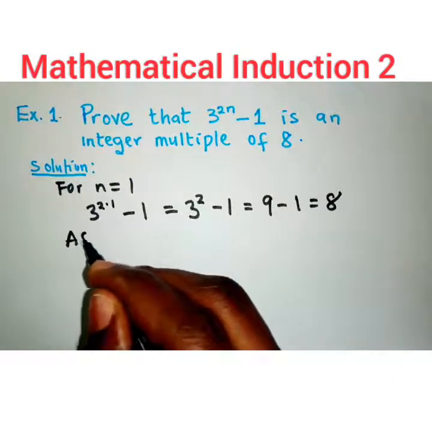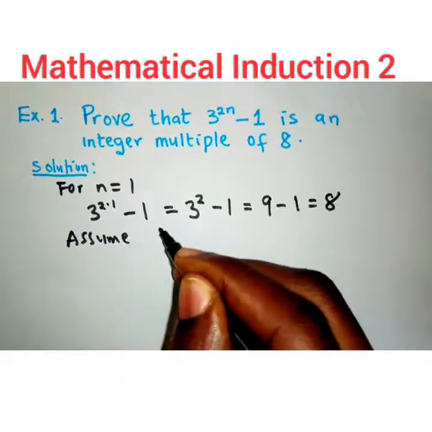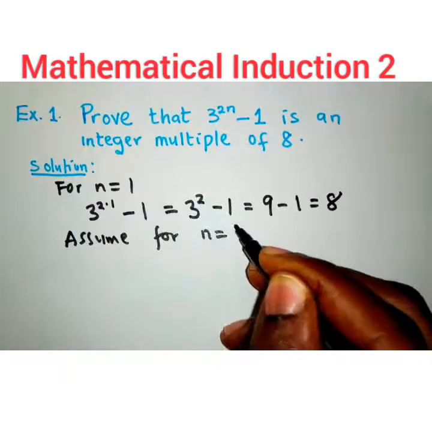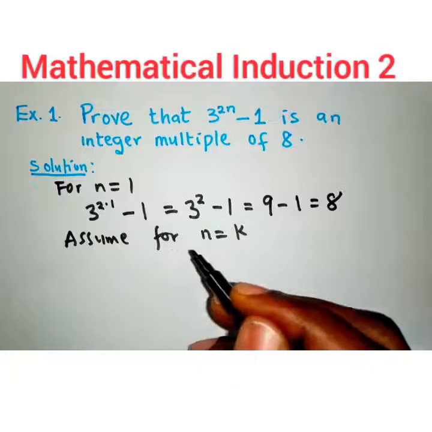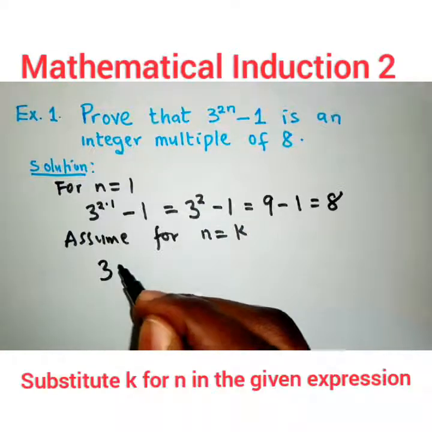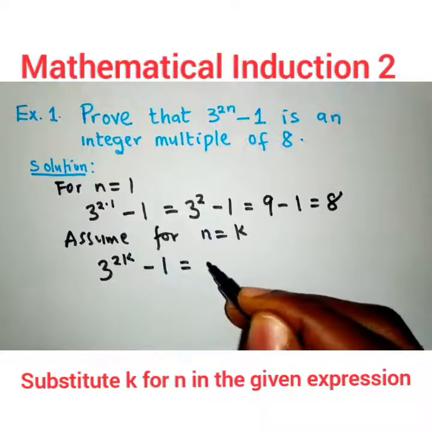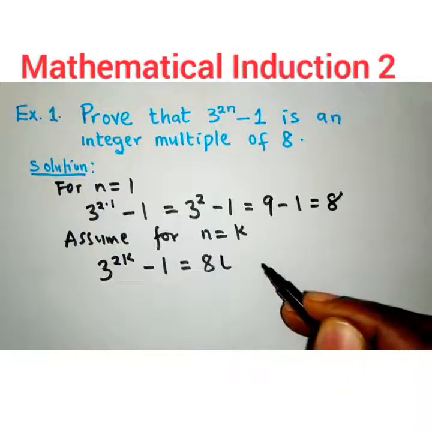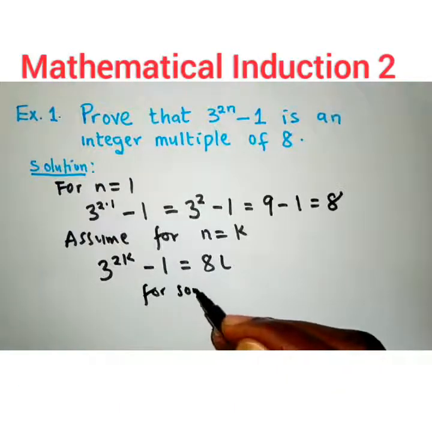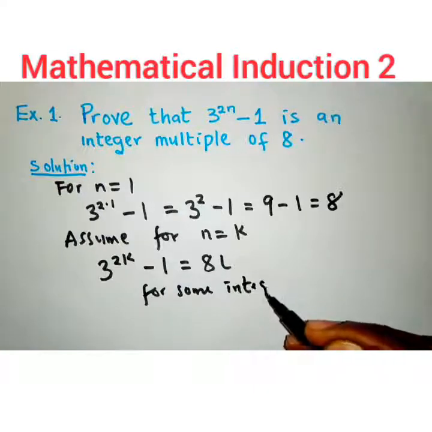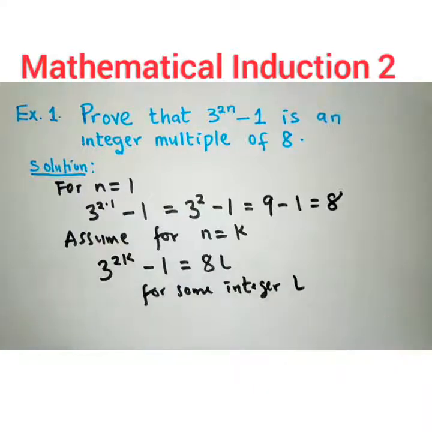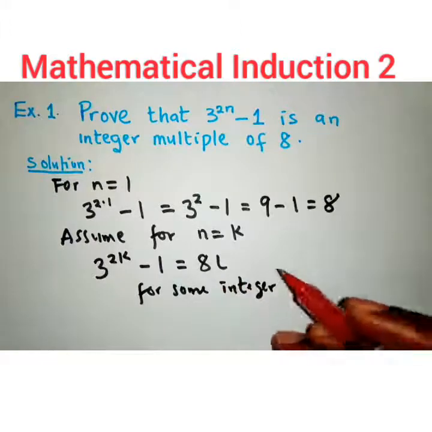And then we assume that it is true for n equals k. That is, 3 raised to power 2k minus 1 equals 8l for some integer l. Let's explain this l part.